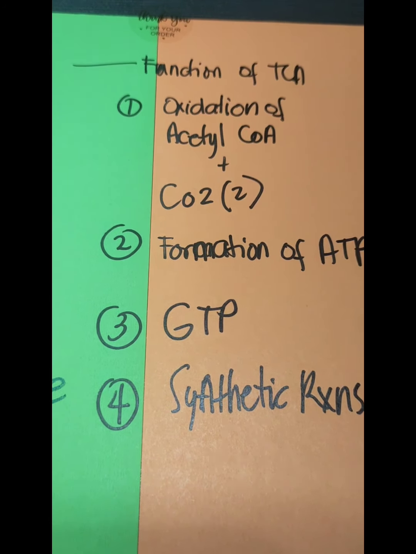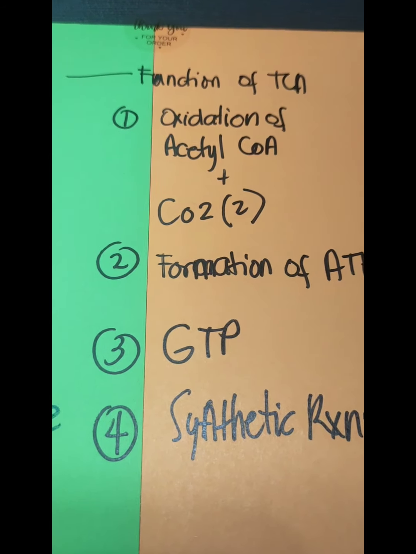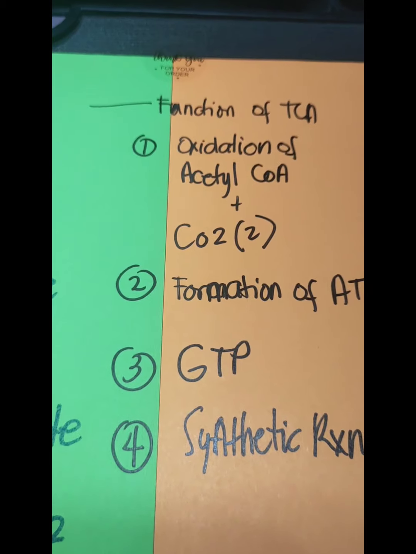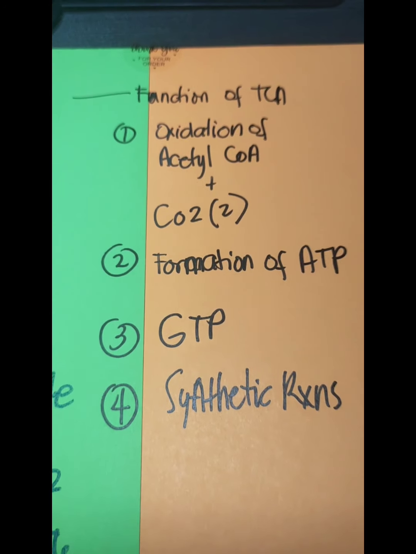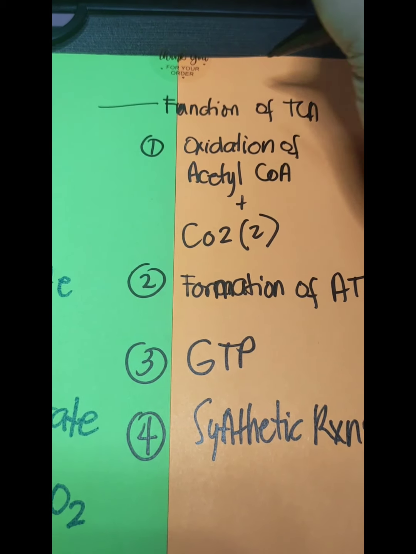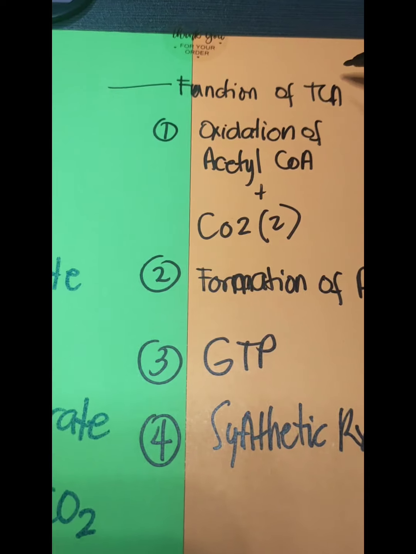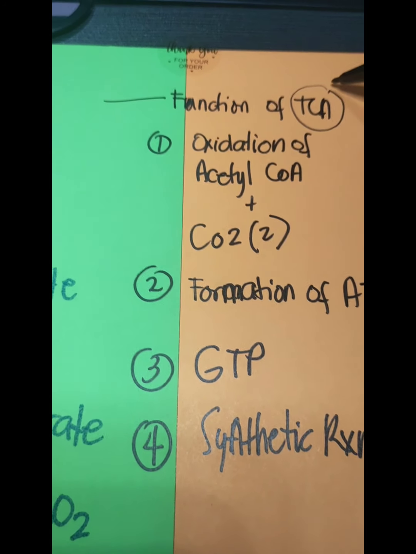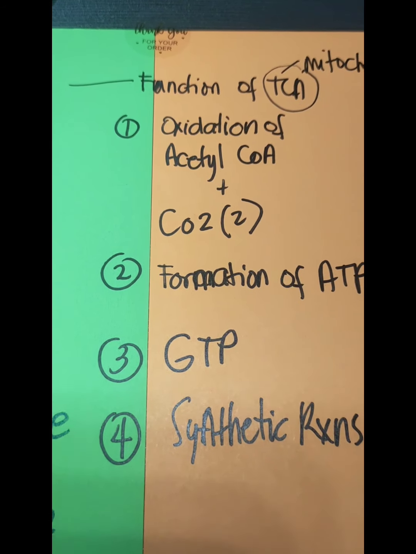Now, please also remember that your TCA is only happening in the mitochondria. So if you're asked where your TCA is happening, basically this happens in the mitochondria only, ha.